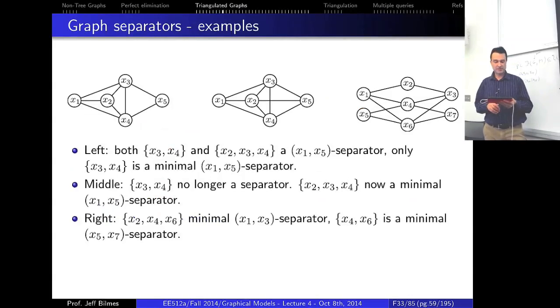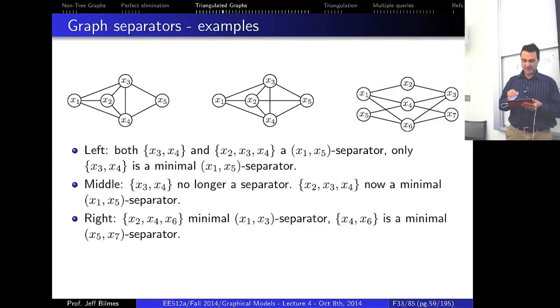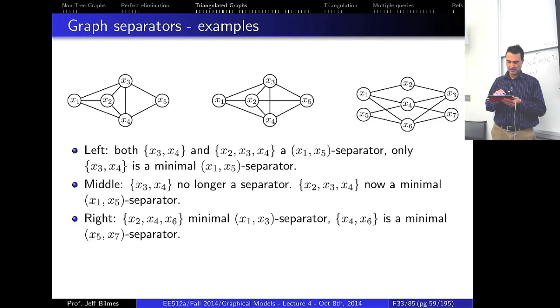Okay, so here are some more examples. In the left example, both x3 and x4, and x2, x3, and x4 are x1, x5 separators, but only x3, x4 is a minimal separator because x2 is redundant.